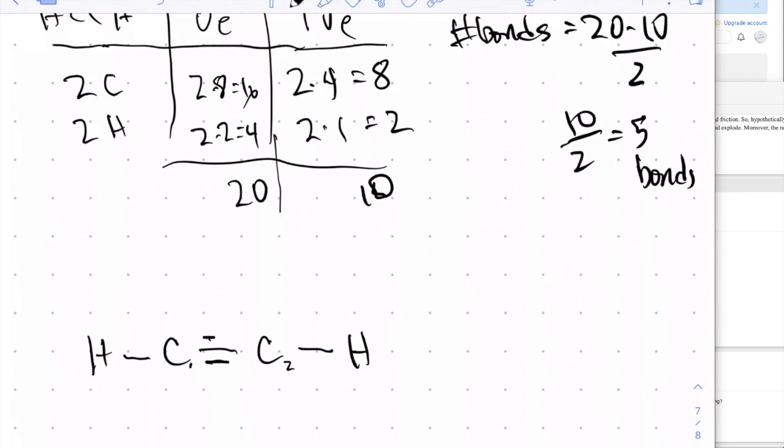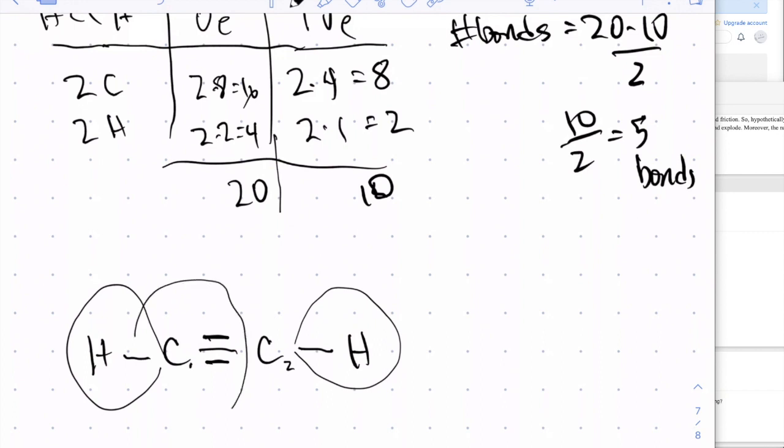is between the carbons. Now if you count, this particular hydrogen has 2, this particular hydrogen has 2, this particular carbon has 8, 2, 4, 6, 8, and this particular carbon also has 8, 2, 4, 6, 8. So let me go ahead and erase those so that I have a clean picture.